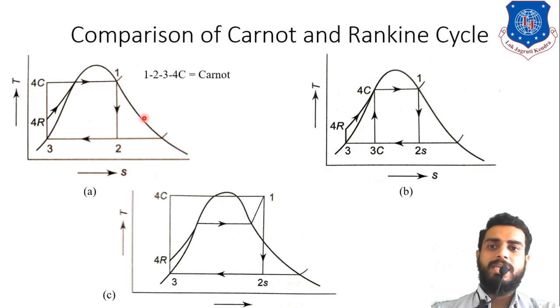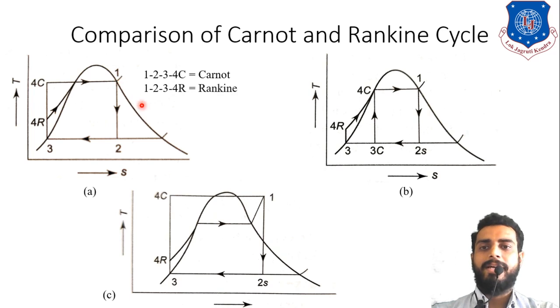So now you can see 1, 2, 3, 4C and 1, that is known as Carnot cycle, right? Next is 1, 2, 3, 4R and back to 1, that is known as Rankine cycle, right?